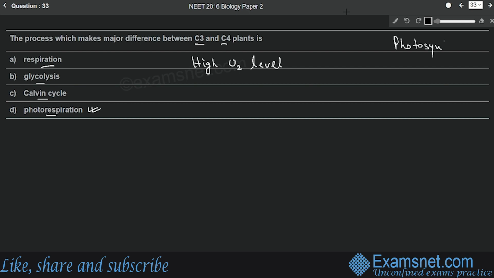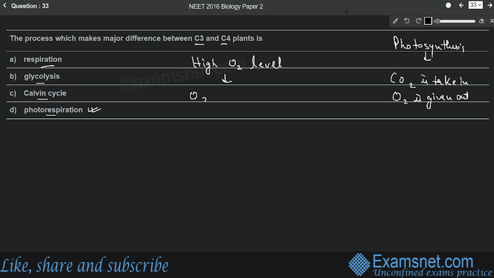During photosynthesis, we know that carbon dioxide is taken in by the plants, and oxygen is given out. But when there is high oxygen level in the environment, then plants start taking up oxygen.